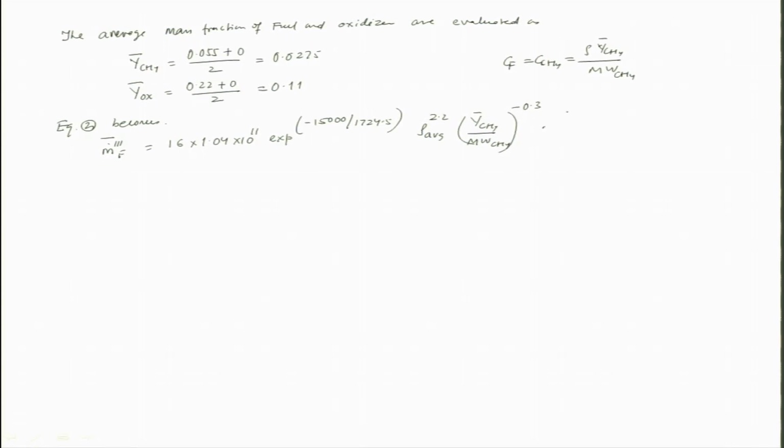In a similar way I can also put Y oxidizer average by MW oxidizer to the power 2.5. And keep in mind that we need to evaluate this rho average using the ideal gas law.